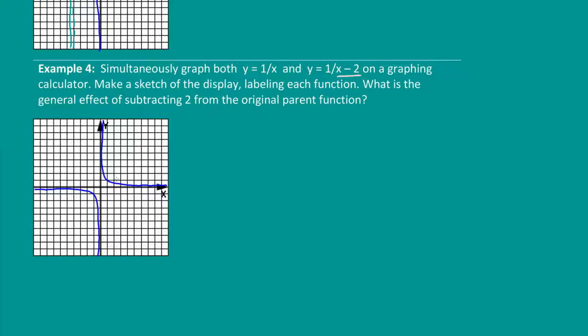So this point right here will come down too. Our horizontal asymptote will also shift down too. Our vertical asymptote won't be shifted at all, so it'll still be right there. So it'll look something like that. All of these points have been shifted down too.